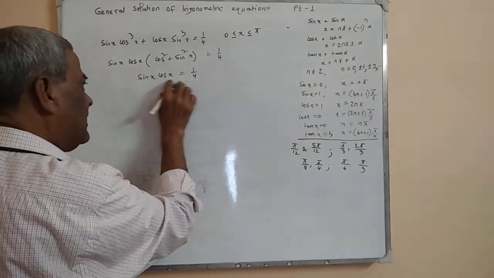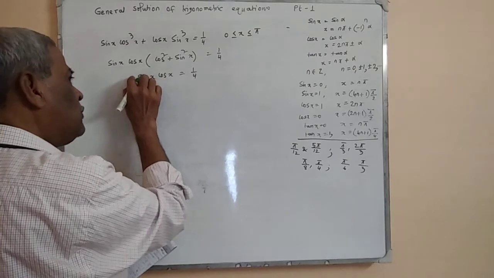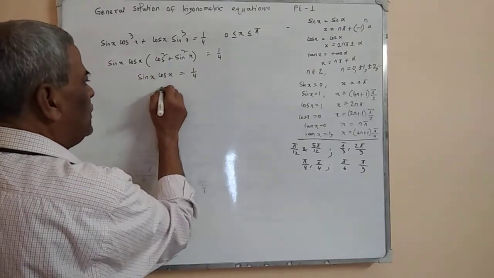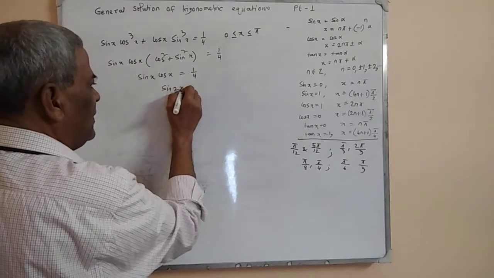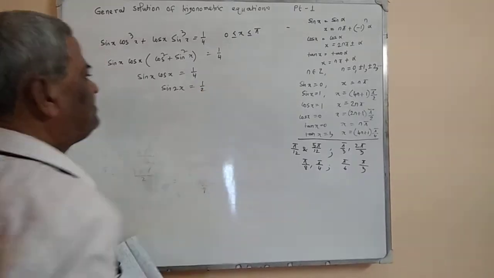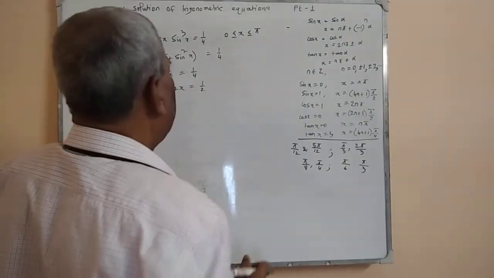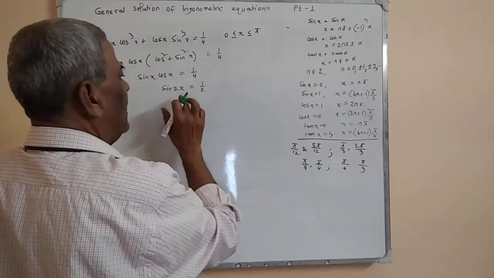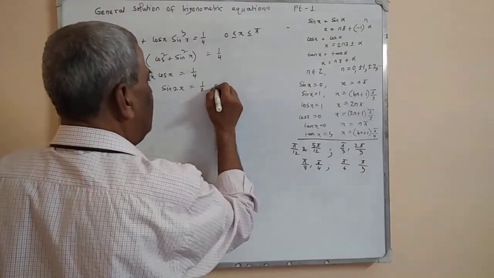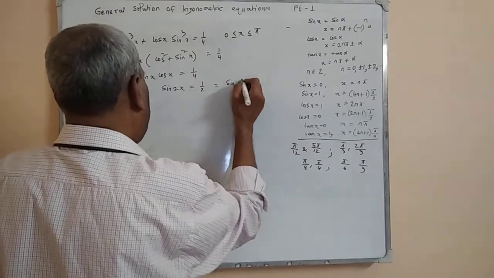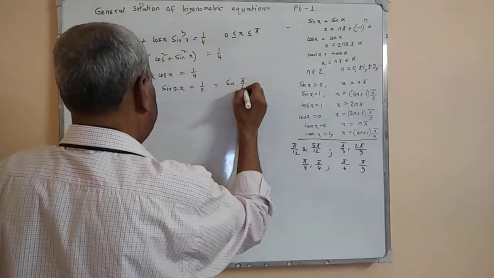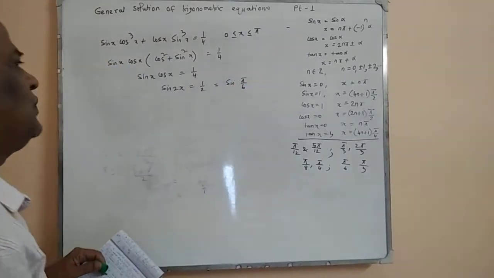Multiplying by 2 on both sides, therefore sin 2x is equal to half. Sin 2x is equal to half. So, half is actually sin pi by 6.